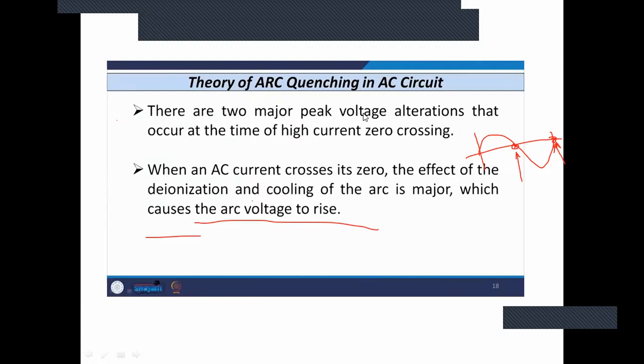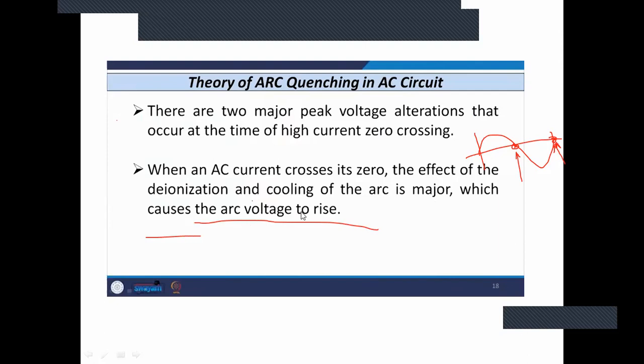There are two major peak voltage alterations that occur at the time of high current zero crossing. When an AC current crosses its zero, the effect of the deionization and the cooling of the arc is measured, which causes the arc voltage to rise.